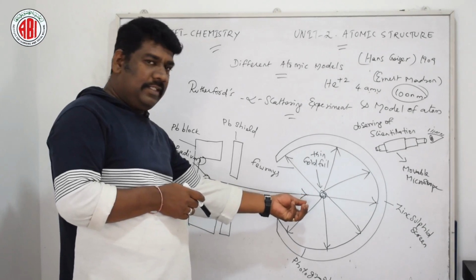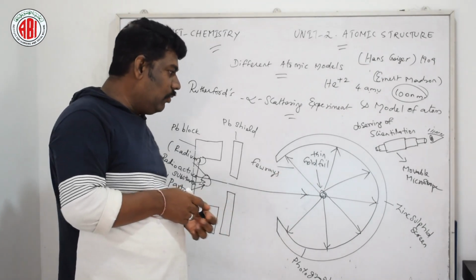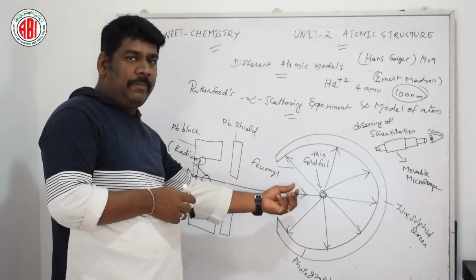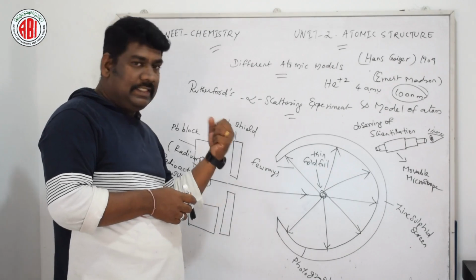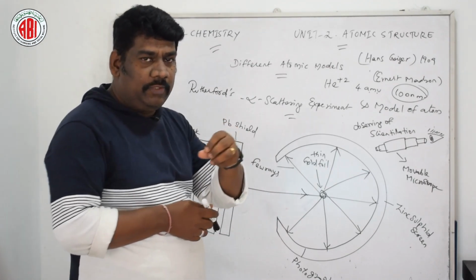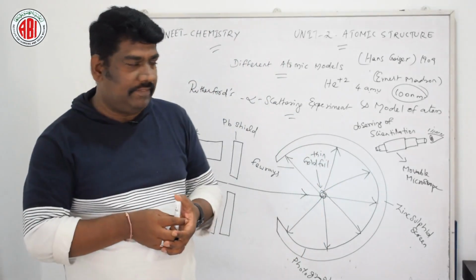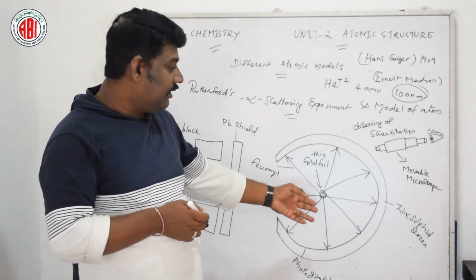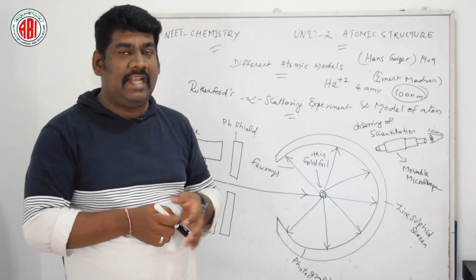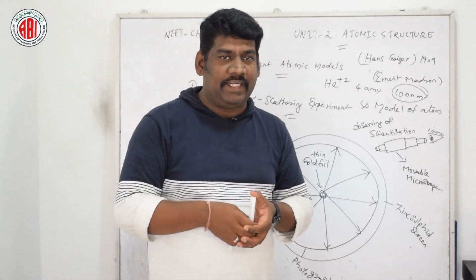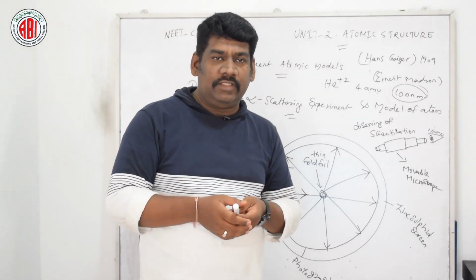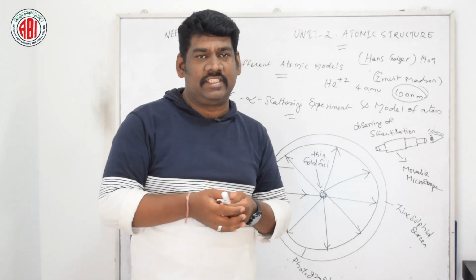At a particular part of the thin gold foil, a few alpha particles were scattered or deflected, but 99% of these alpha particles passed through undeflected. So very few showed these deflections.